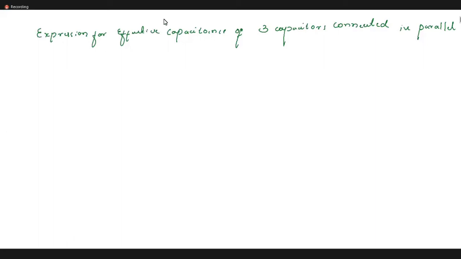So I'll take three capacitors. Let me connect one another.